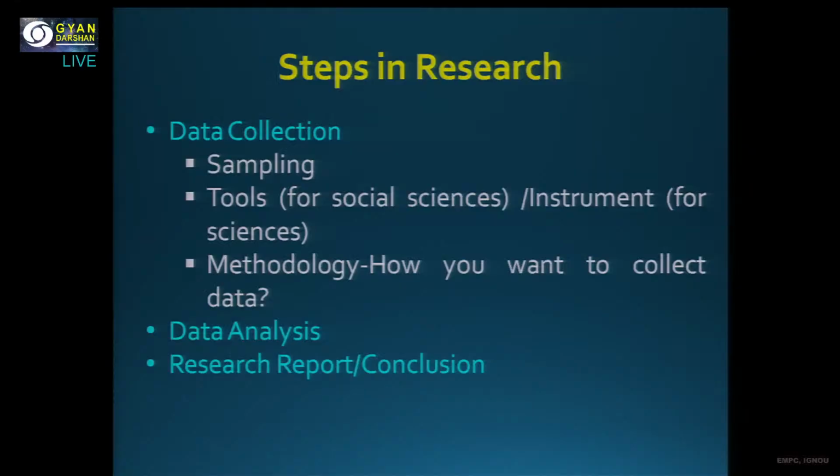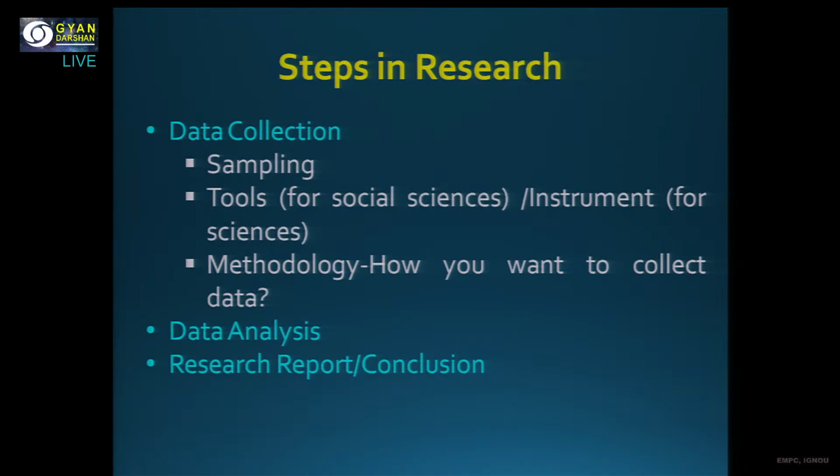The third is data collection. Once you have the objectives and hypothesis, the next task, as you see on the slide, is going to be the data collection stage, which includes many steps like your sampling, what is going to be your population. From the population, how you are going to select the samples, then how you are going to collect the data from the samples that you have selected.